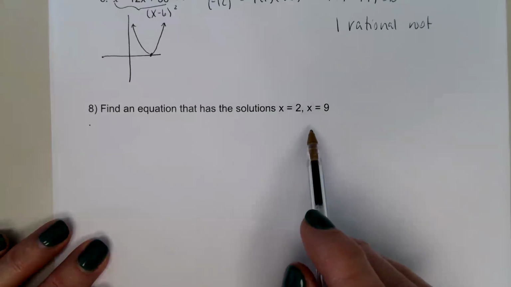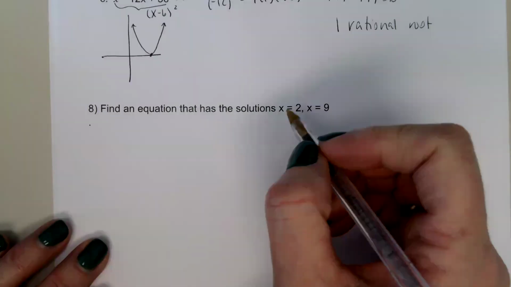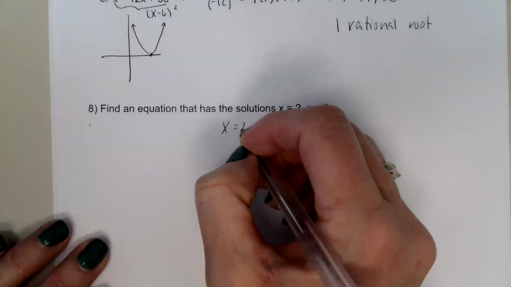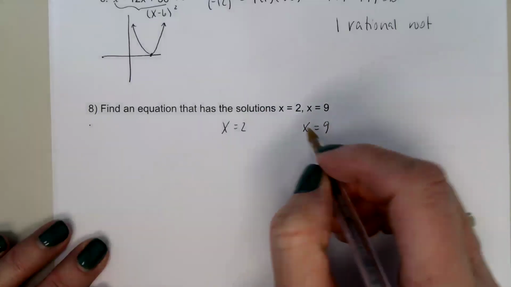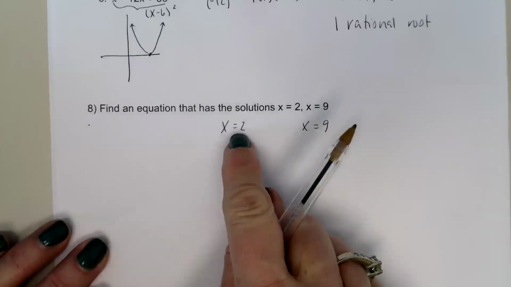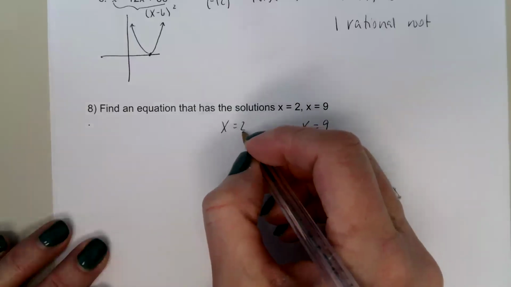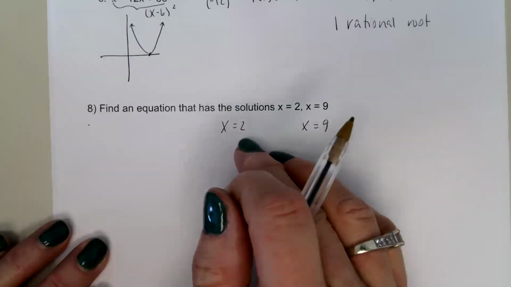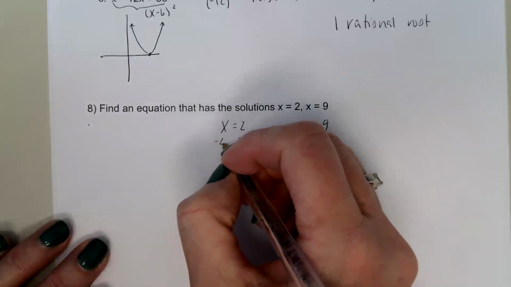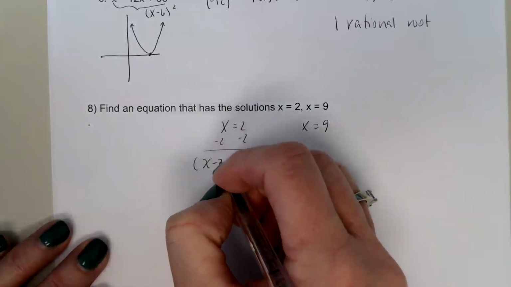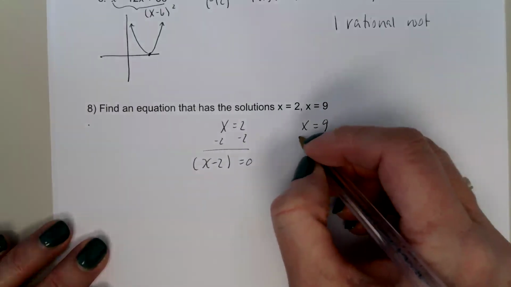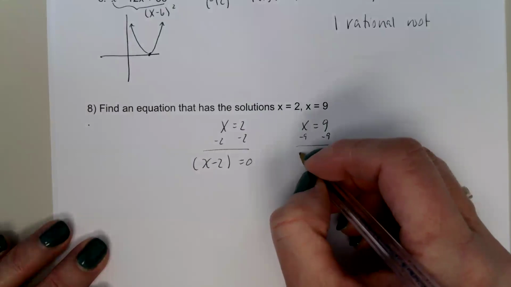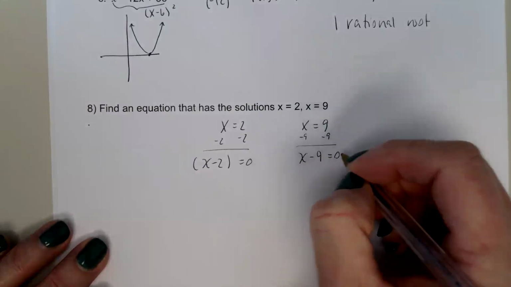If we know the solutions, then they would have been binomials multiplied together. To get this into a binomial, we want to get the x and the 2 on the same side. So if we subtract 2, we get x minus 2 equals 0. Likewise, if we subtract 9, we get x minus 9 equals 0.